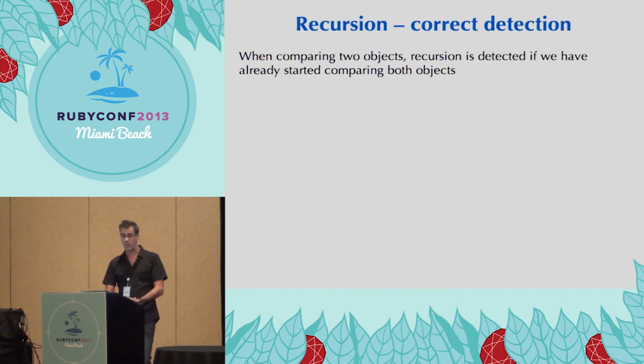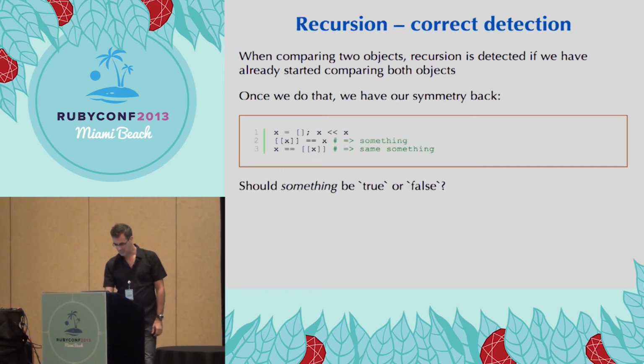So the right way to do that for comparison is actually to stop when you've encountered both objects being verified at the same time. You don't just store the ID of one of the callers. And when you do that, you're going to get the same result because you're going to detect recursion at the same time.